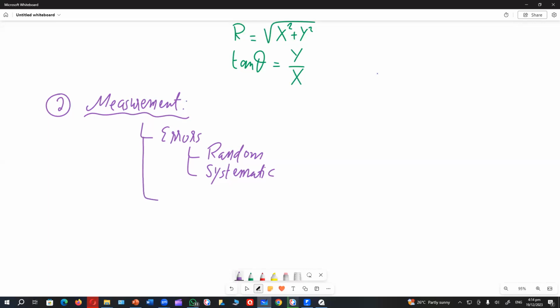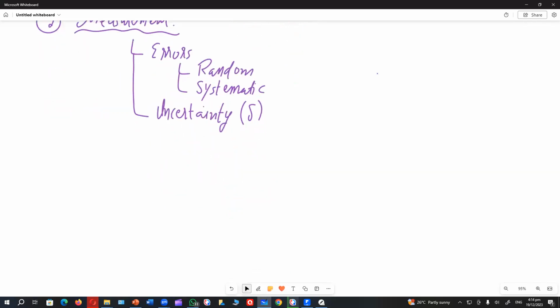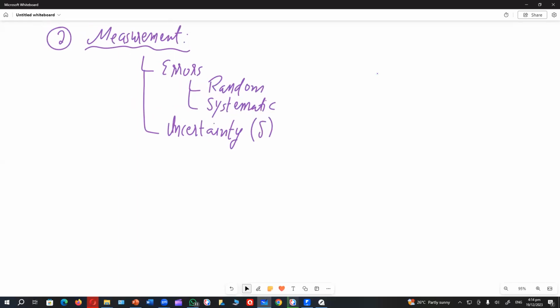Then the topic that comes most in this chapter is uncertainty. What is uncertainty? Basically it's an error on both sides of a reading. For example, you say x is equal to 20 plus minus 1.